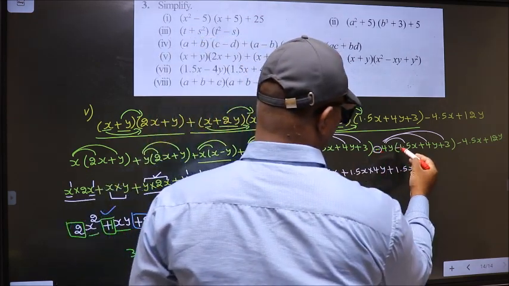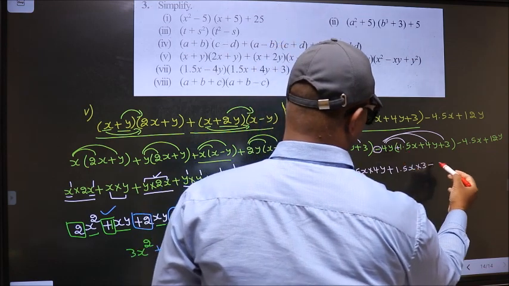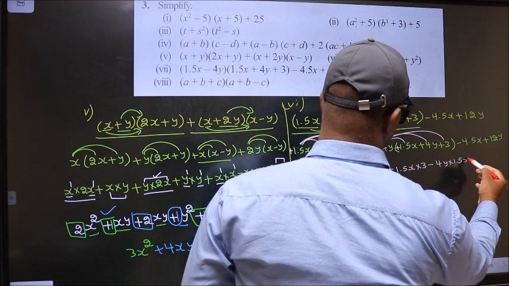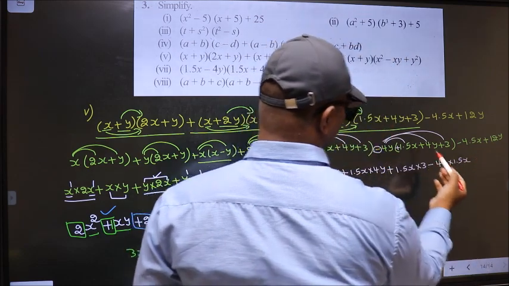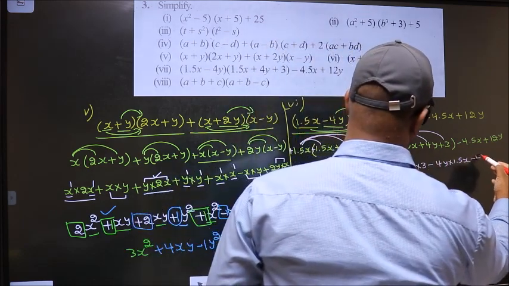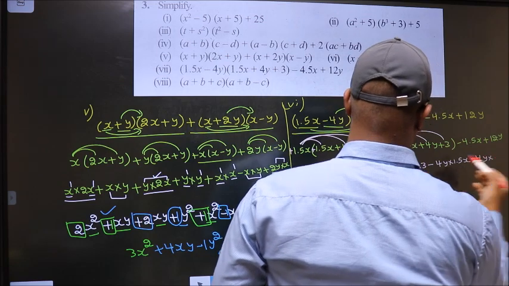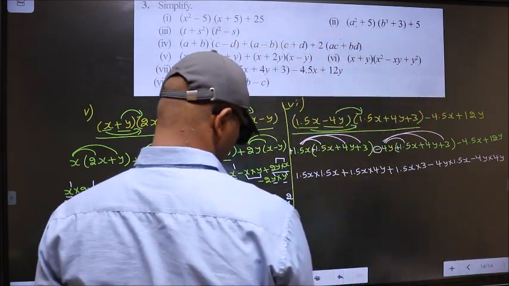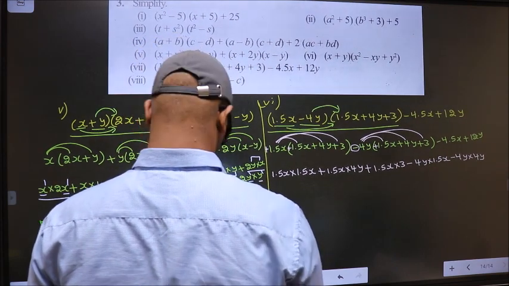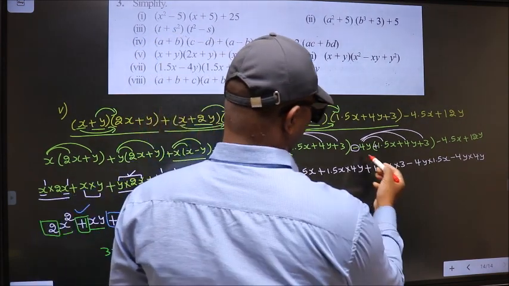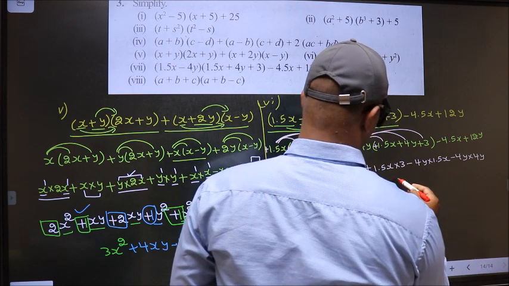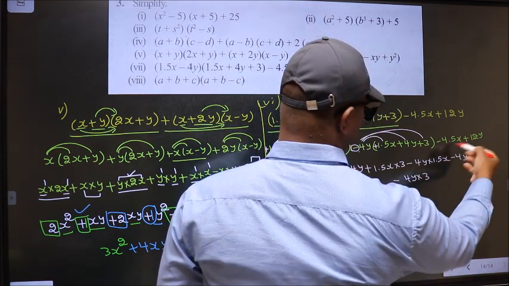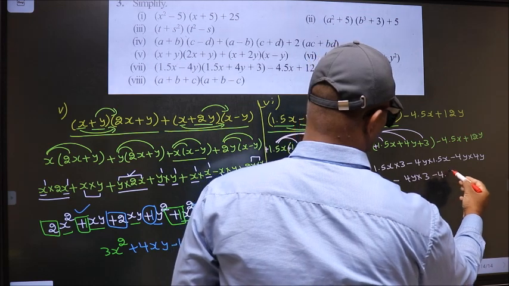So negative into plus minus 4y into 1.5x minus into plus minus 4y into 4y. Now minus into minus minus 4y into 3. This no change.